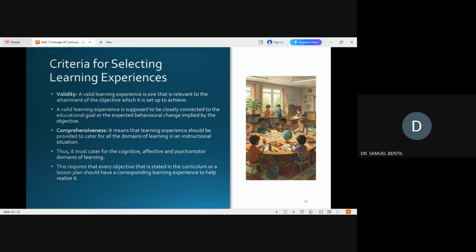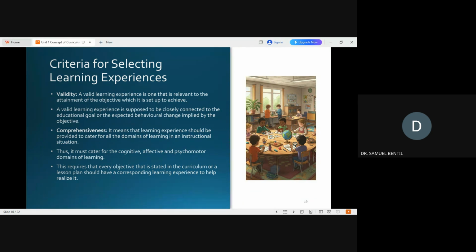Here we are saying that the learning experiences that you select, be it question and answer or brainstorming or let's say field work or whichever activity you select for learners to go through, must be relevant and must help you to achieve the objective that you have set out to achieve.